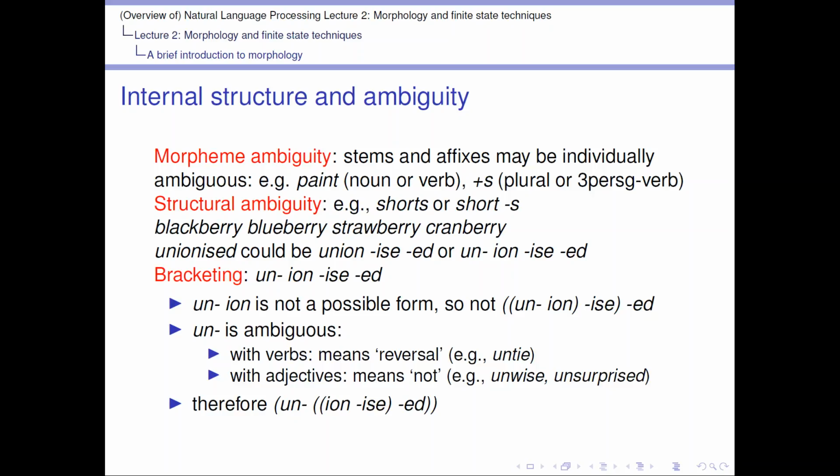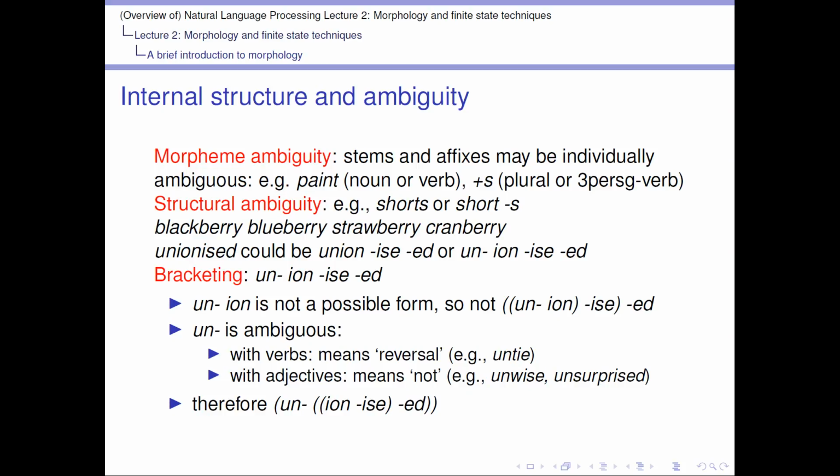For example, if we have paint plus S, then paint could be a noun and a verb, and it doesn't help us to know there's a plus S affix, because if I have paint, I could have paints, and if I'm painting, I paint, but if he is painting, he paints. There's no way to tell through splitting up the stem and the affix whether we're talking about nouns or verbs.